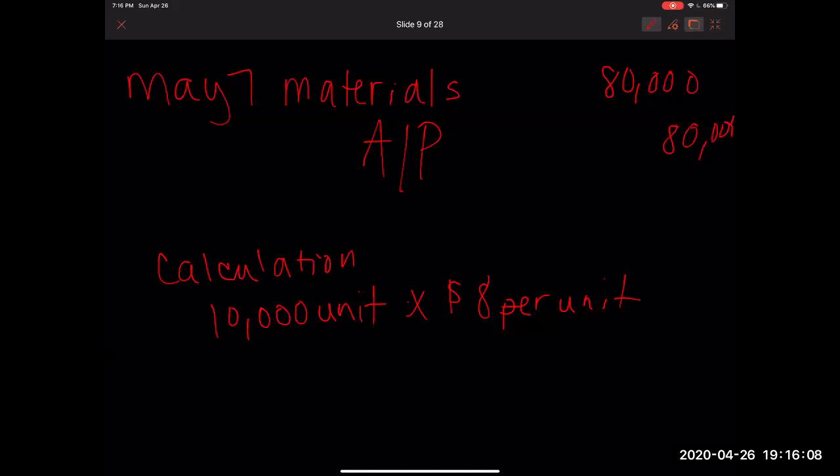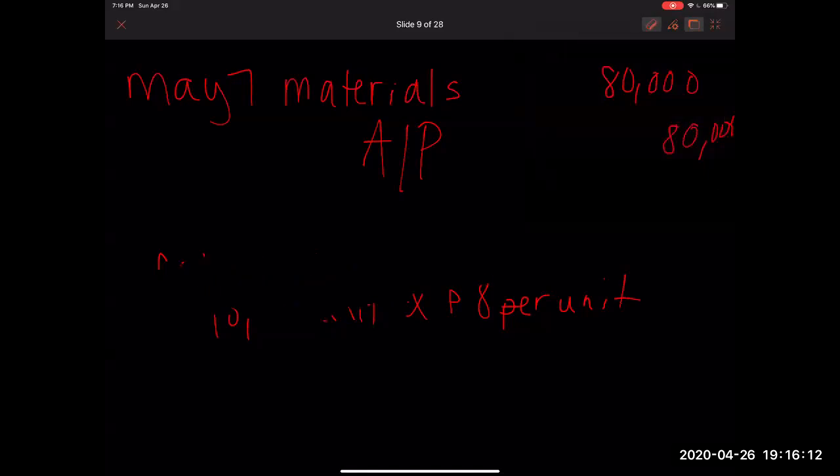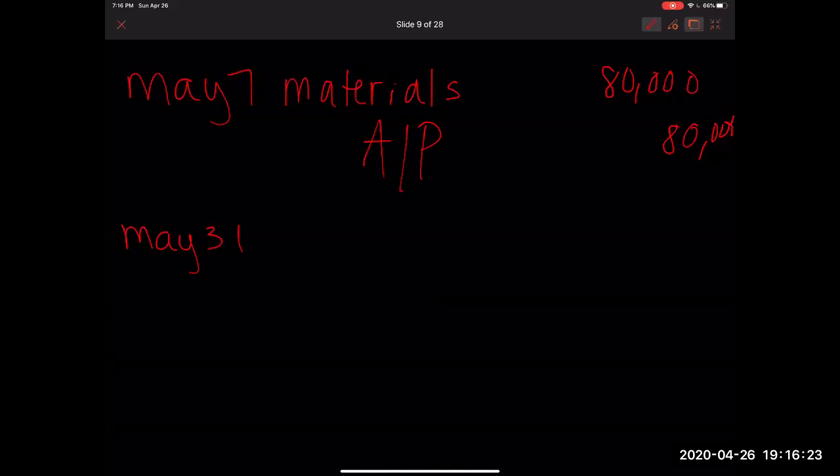All right, so with that, because I don't write very nice, I'm gonna erase this little part, and now I'm gonna record my transaction for May 31st, okay, the next part. It told me that we did a requisition in the month of May for a couple of different jobs. So I'm gonna do the calculation first.